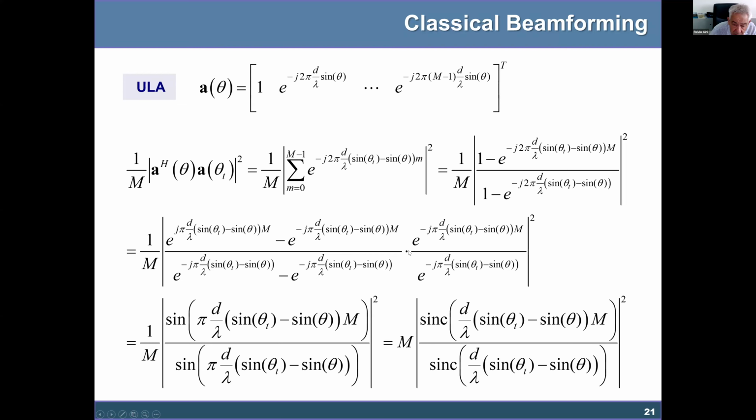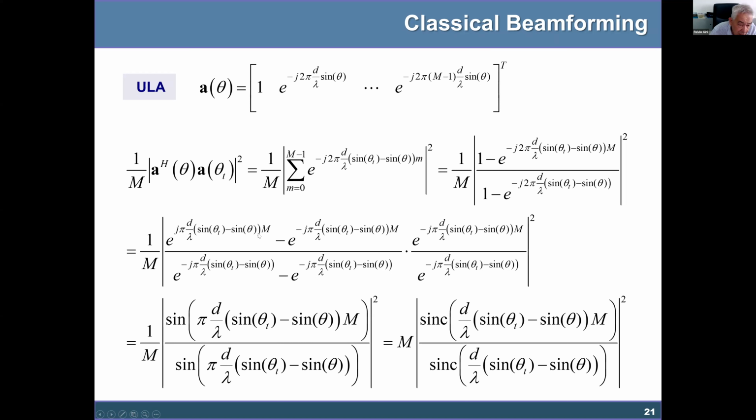To obtain this, we have to put in evidence e to the minus j half of this angle, without the 2. And the same at the denominator. So you put in evidence at the numerator this term, and at the denominator you put in evidence this term.